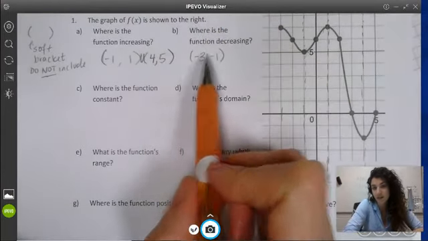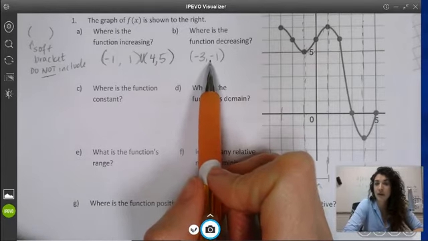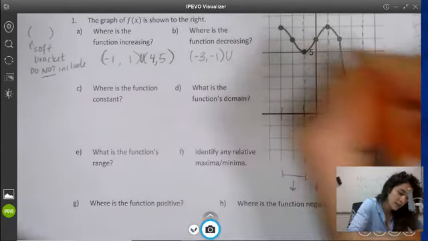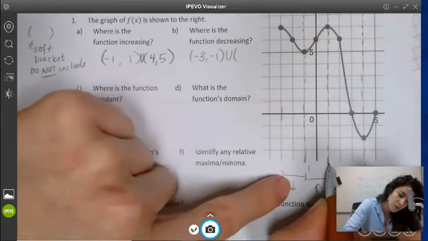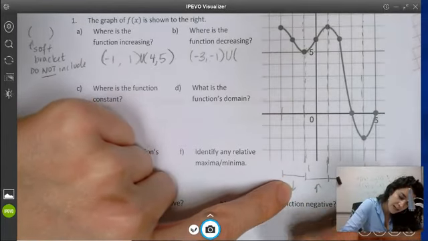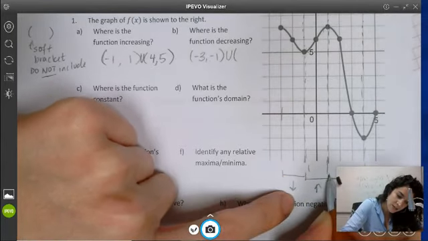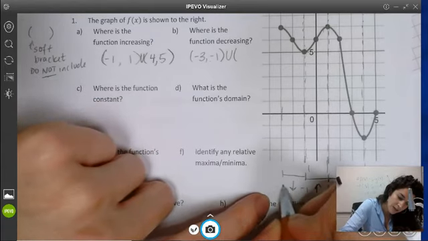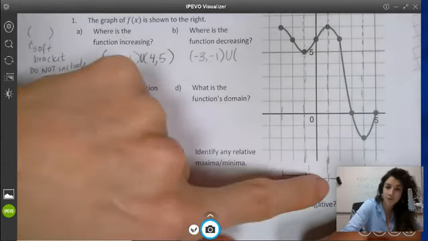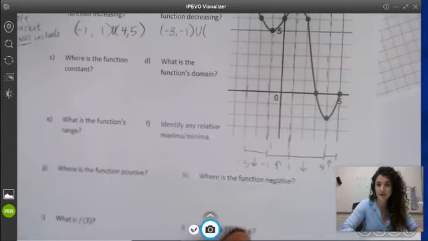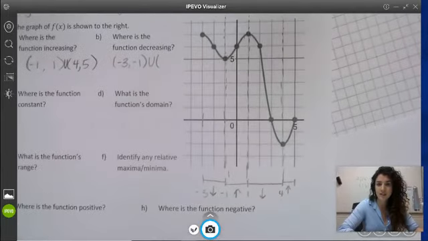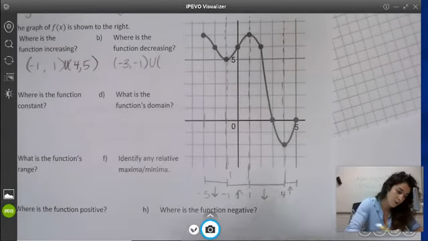It's always the smaller number on the left to the larger number on the right. Union with the other interval, which is between here and here, which is decreasing. That's an x value of 1 to 4. So decreasing between 1 and 4.